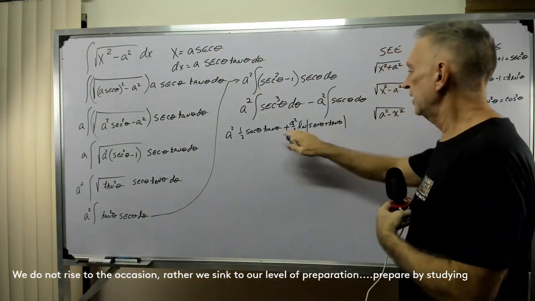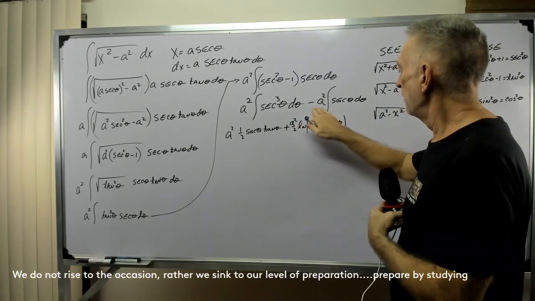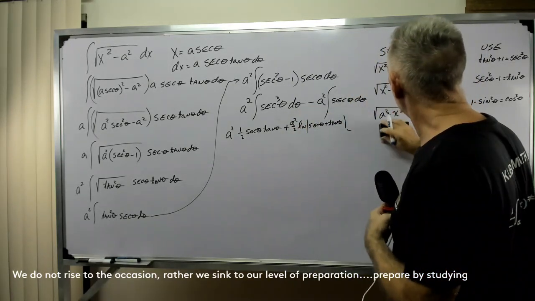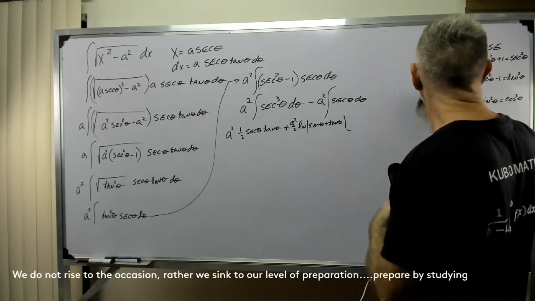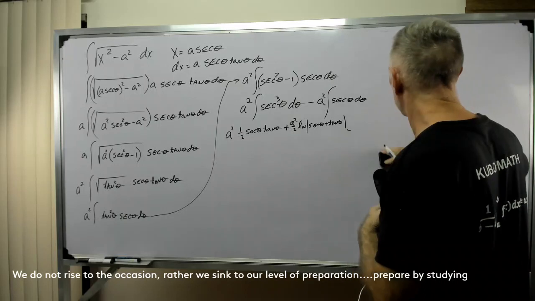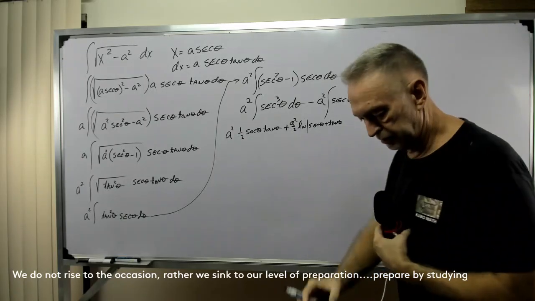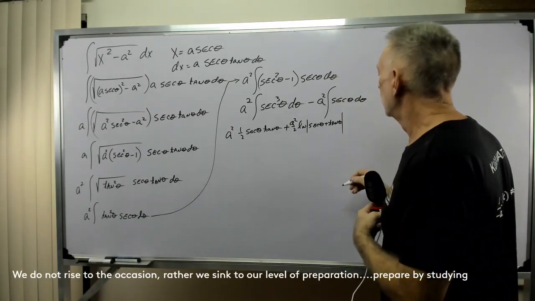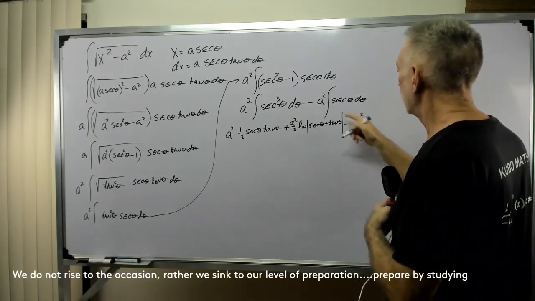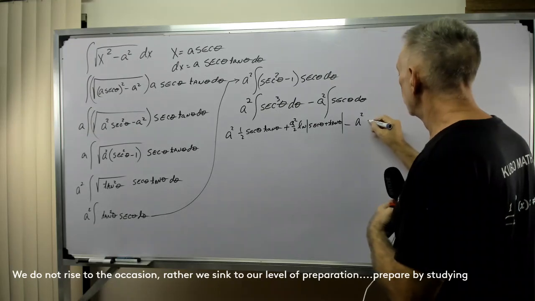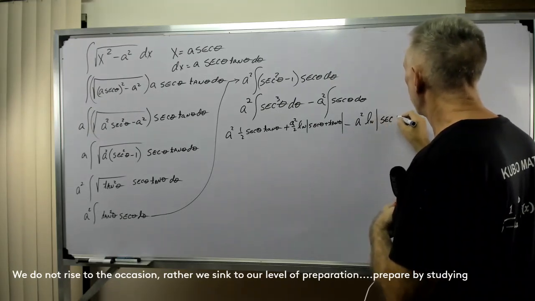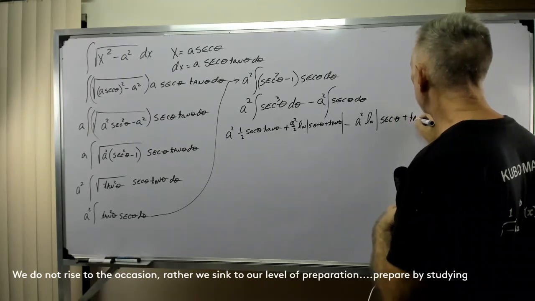All right, that gives us that integral minus, I need to wipe out a spot here. Minus this a squared times that integral, and this one is the natural log of secant theta plus tangent theta.